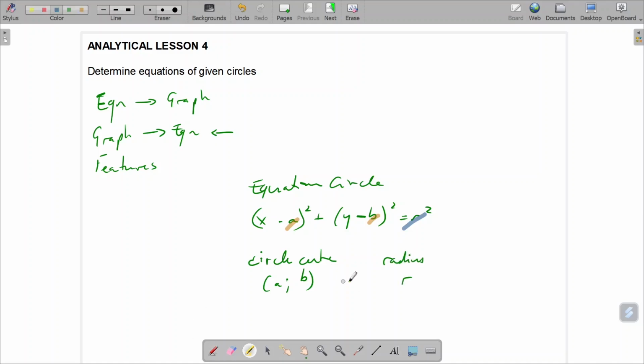So again, please take note. These are two goals: to find the circle center and the radius of the circle.